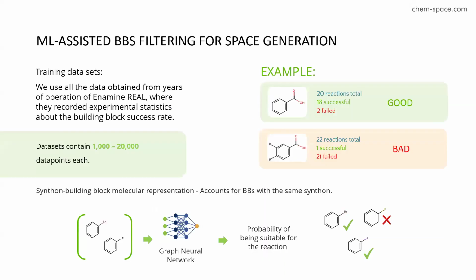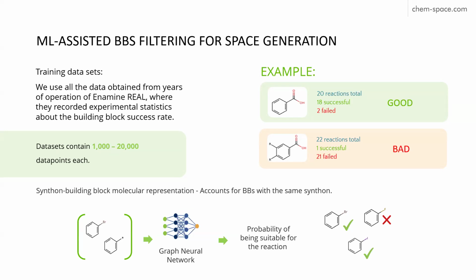When it comes to machine learning, we need to be very cautious with the training datasets. We need to be sure that we use reliable experimental data. And we are lucky, because due to our collaboration with Enamine and years of expertise of Enamine in synthesis, we got these very reliable training datasets.